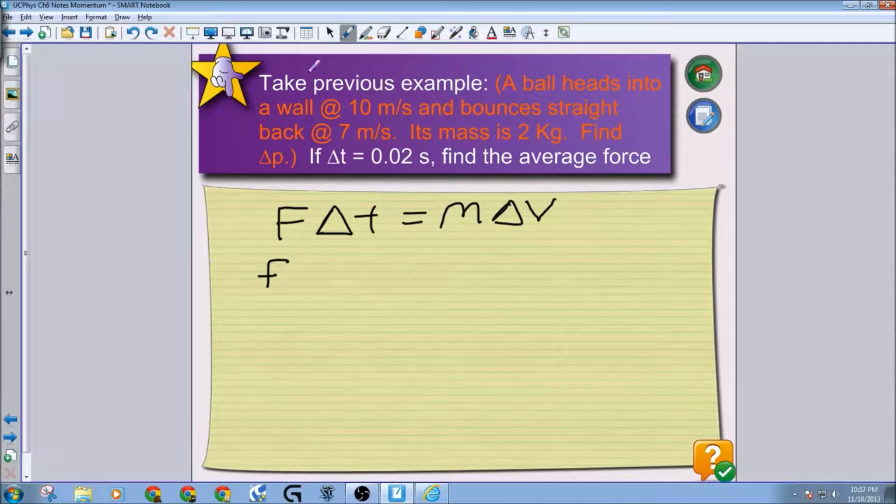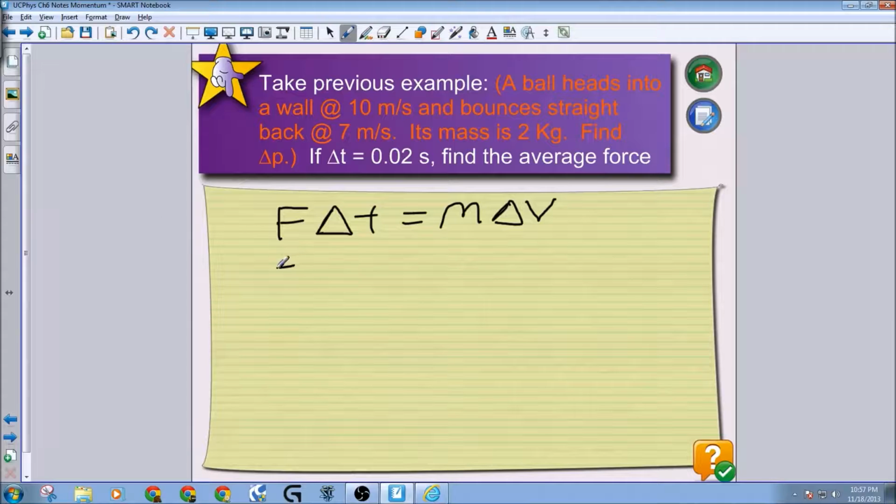So solve this for force. Take a second. Without using any numbers, we can just use our algebra.